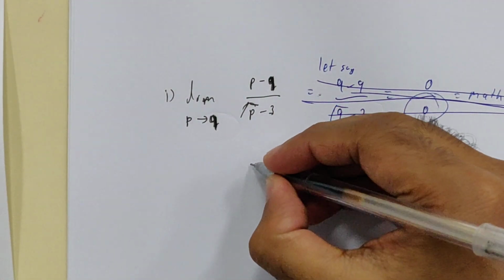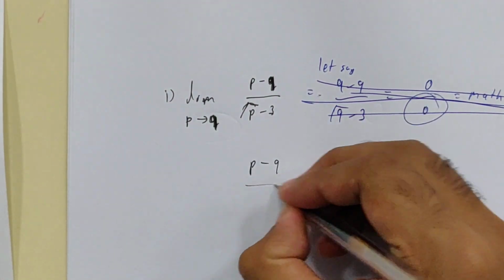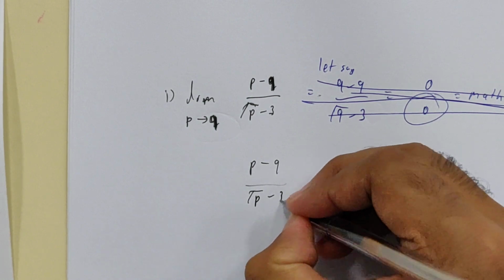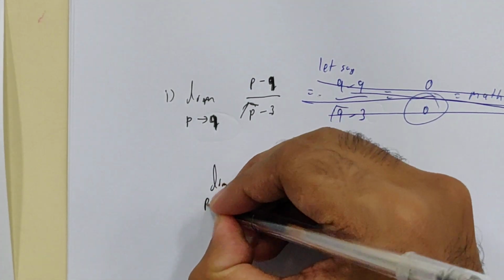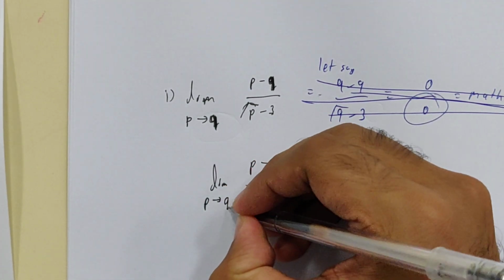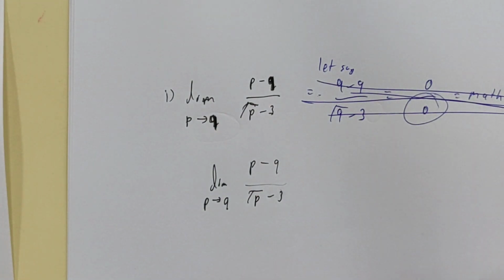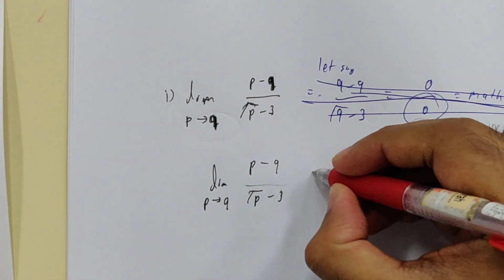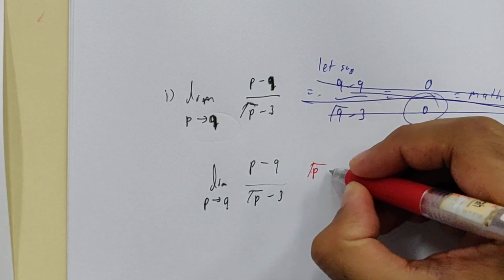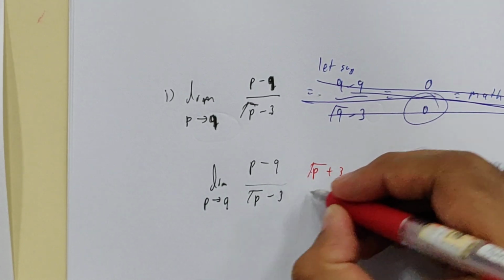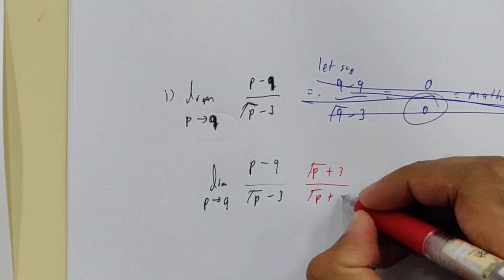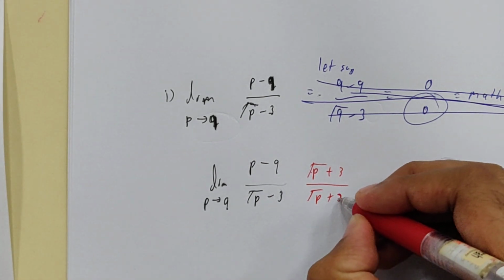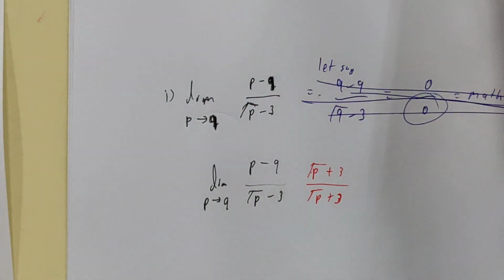So let's try. You conjugate with what? Square root of P plus 3. For those who forget, let me remind you how to do conjugate.